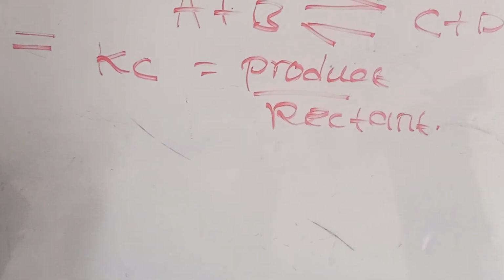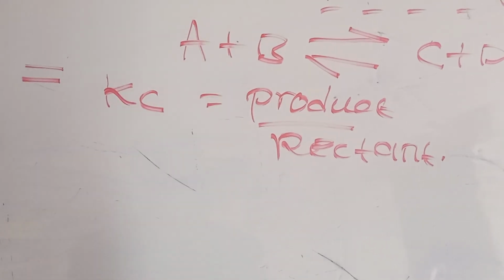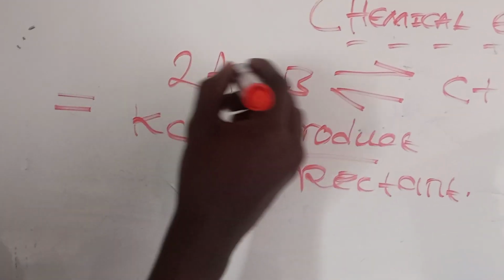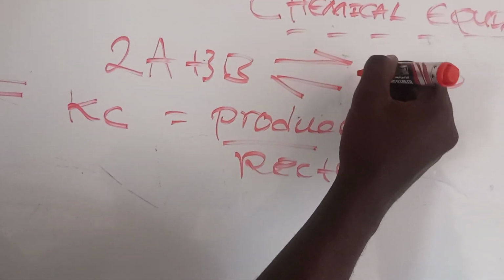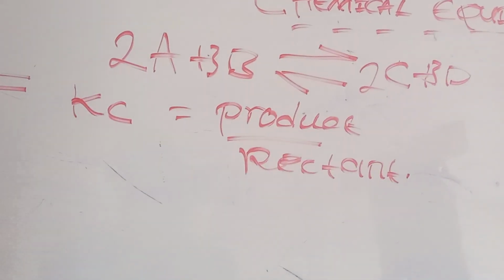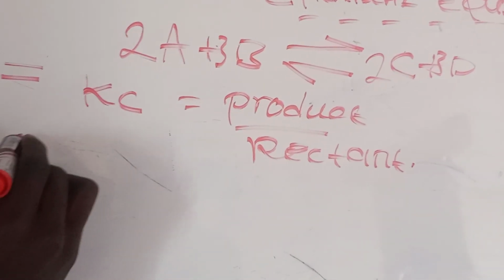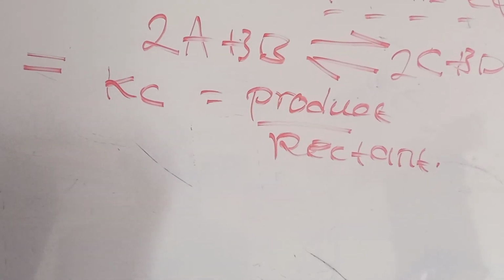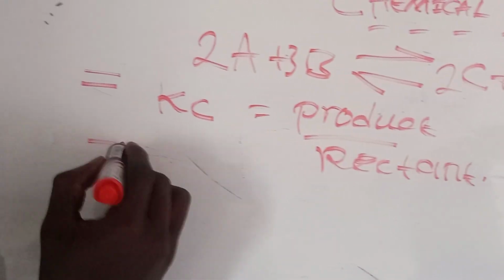As usual, before going any further in chemistry, you have to make sure you have balanced the equation. So if we assume we have 2 here, then 3, then 2, then 3, the coefficients of A, B, C and D become very relevant.